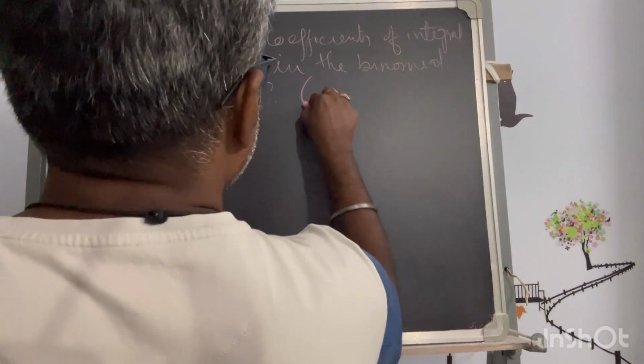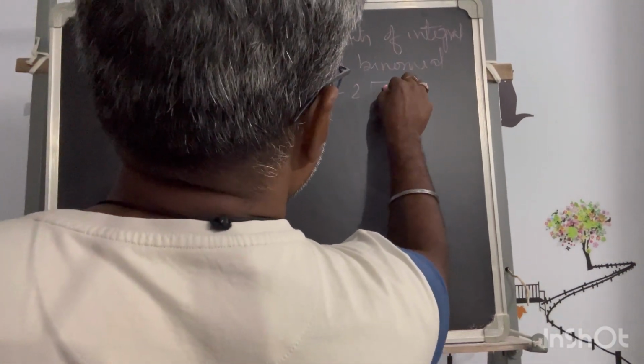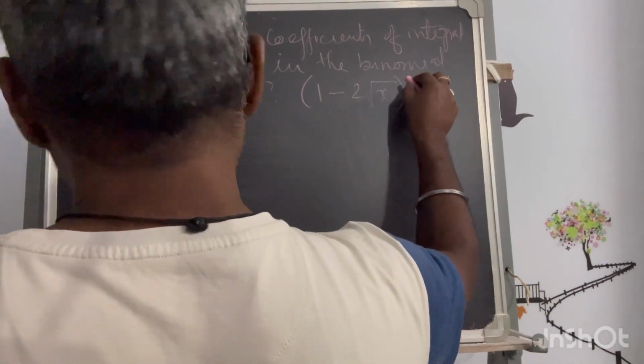The term is given as 1 minus 2 root x whole to the power 50.